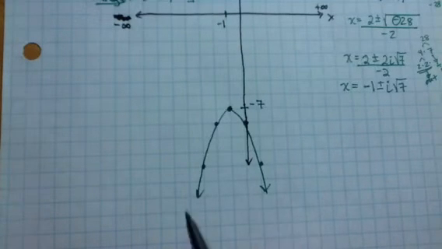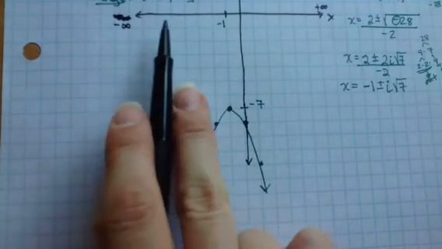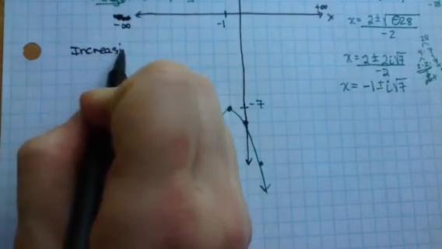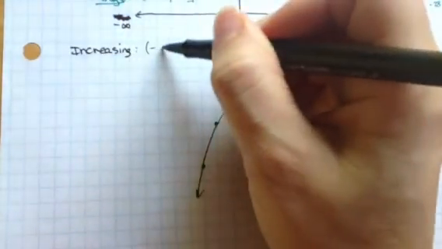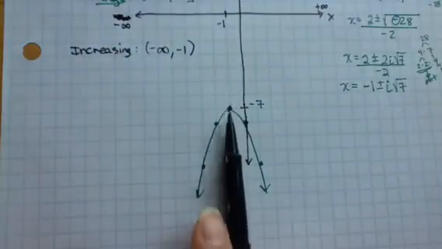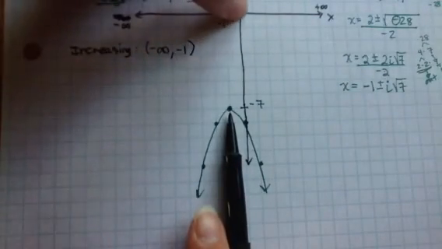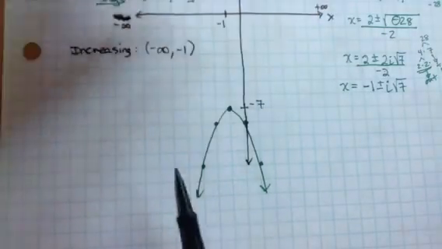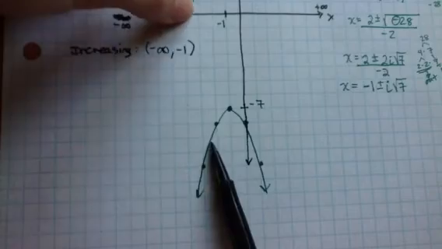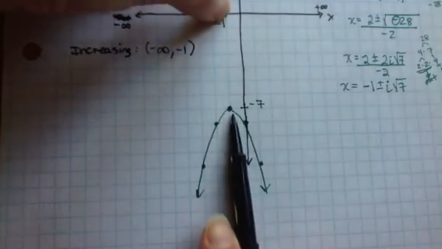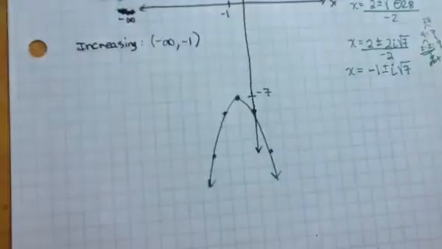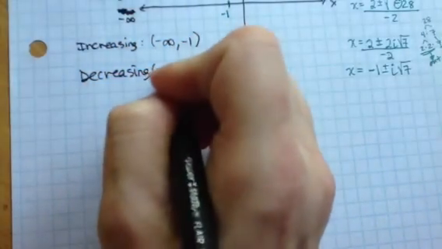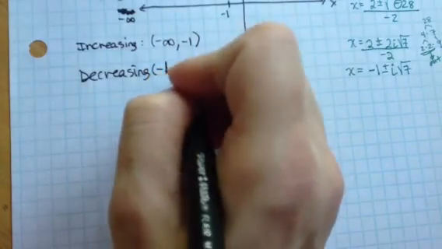So it's increasing from negative infinity up until negative 1. And then at that x value of negative 1, if I keep walking along the graph to the right, it's going downhill. So we're increasing from negative infinity to negative 1 and then decreasing from negative 1 to infinity.